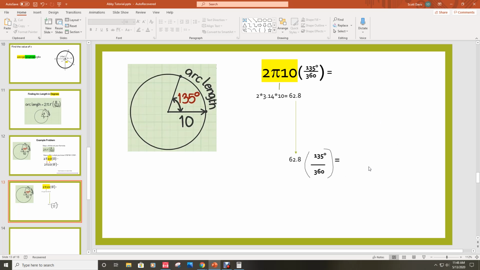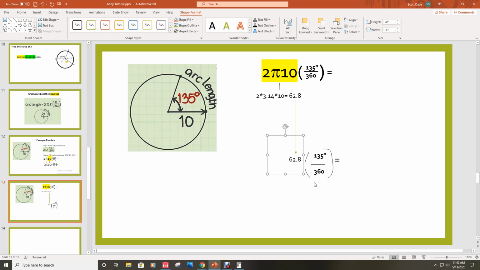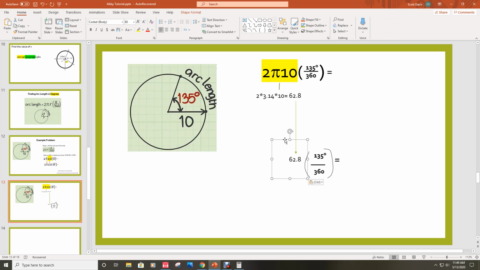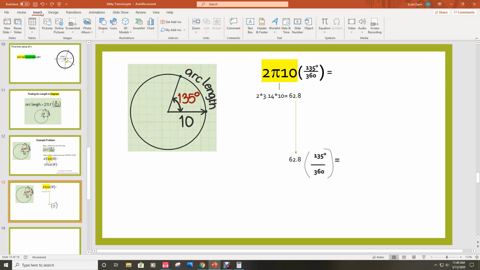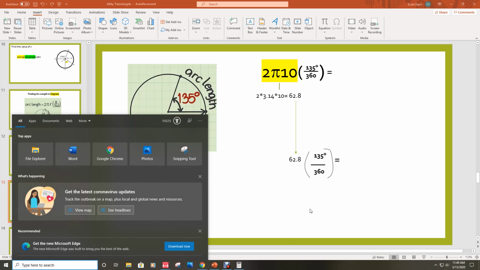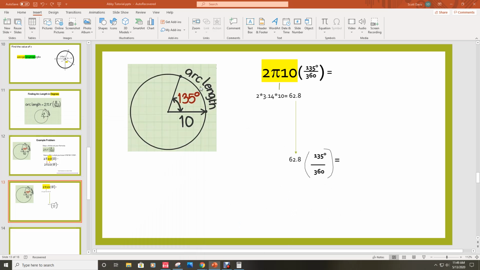Now, you don't want to just go ahead and start plugging that into your calculator either. It would be best if you carry down again that 62.8. You did it again, and we're going to put it right here. Here, Abby, I got you, because this is what I'm going to do.